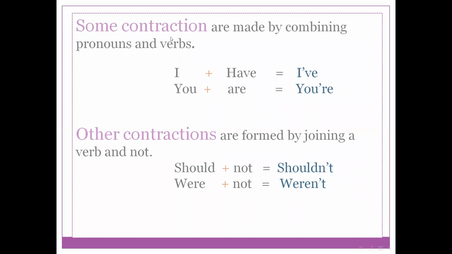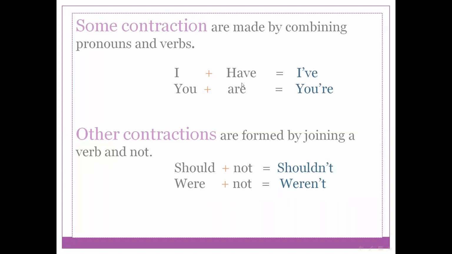Some contractions are made by combining pronouns and verbs. Like I have. I is a pronoun and have is a verb. You are. You is a pronoun and are is a verb.